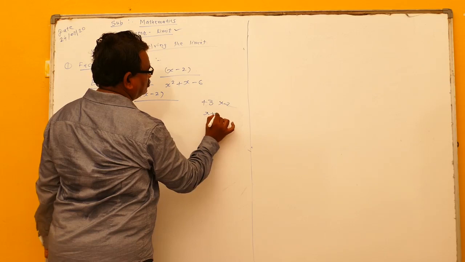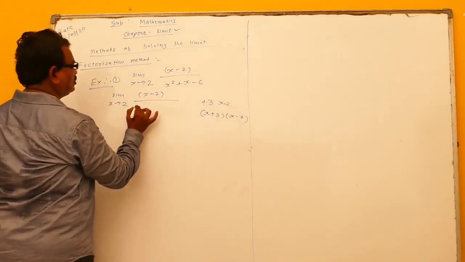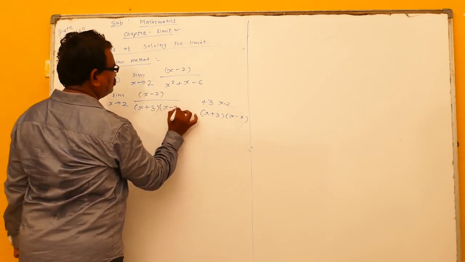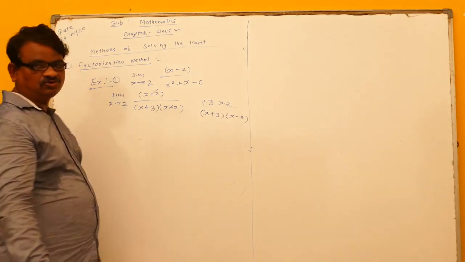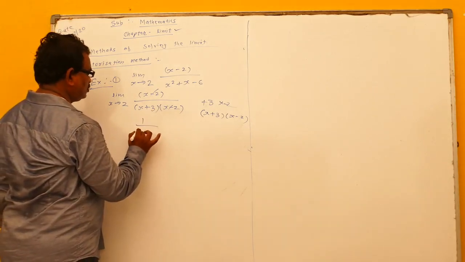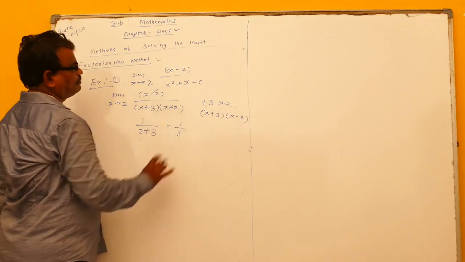Therefore the factors are (x plus 3)(x minus 2). In the numerator and denominator, x minus 2 cancels out. Then put the limit: 1 by (2 plus 3) is equal to 1 by 5.